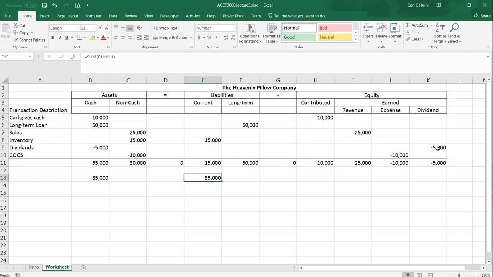At any rate, this kind of shows you how a worksheet can operate to help you in understanding accounting and understanding accounting equations. So rather than talking about debits and credits, you can look at it in terms of a transaction worksheet. And that might be easier for some of you to work through problems, trying to figure out what balances are.